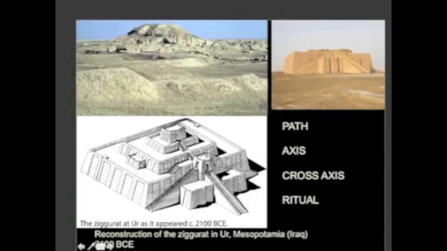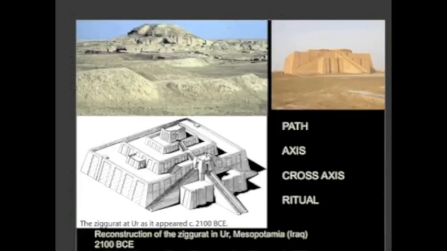So lump is not really a technical vocabulary word for those of you who are trying to find out what the vocabulary words are. The upper image shows you what it looks like now, and what it looks like now is really more geological than architectural because it's been badly eroded over time.